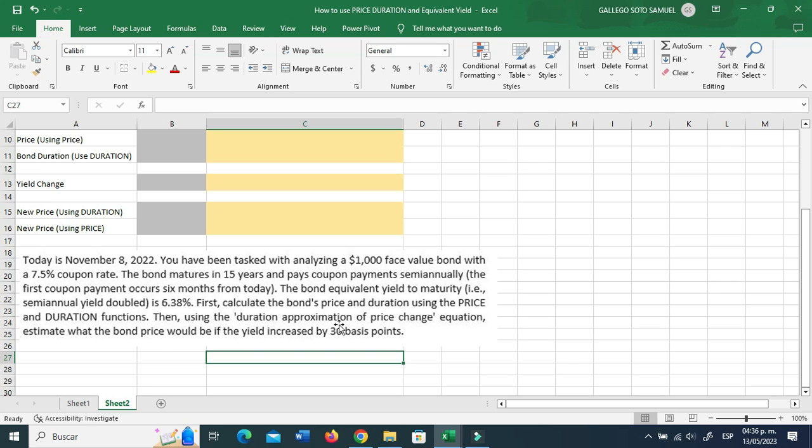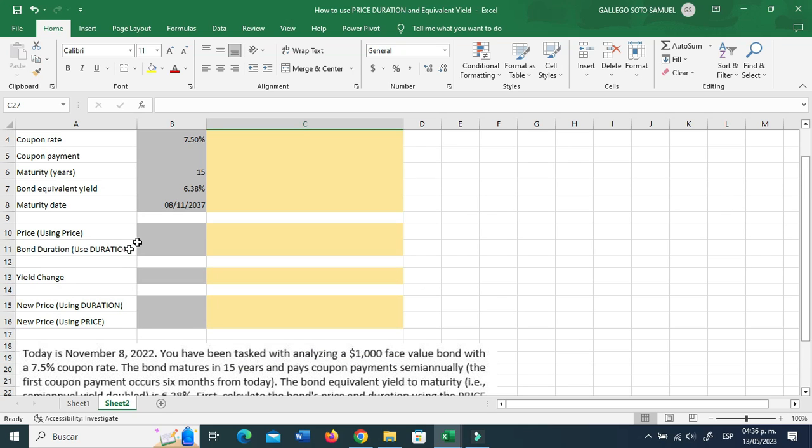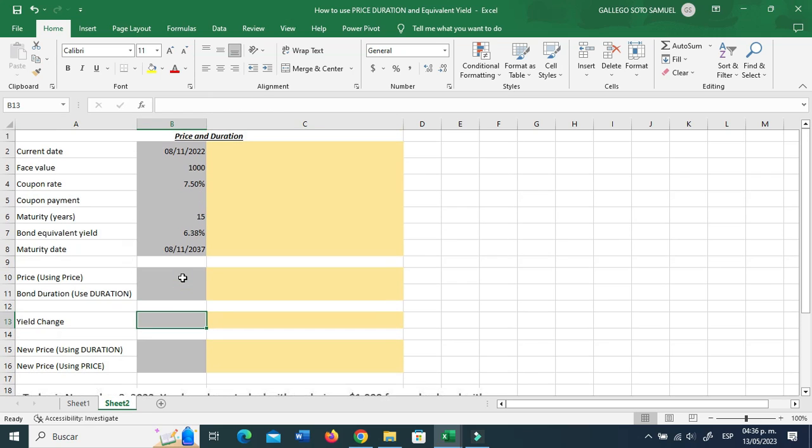Then, using the duration approximation of price change equation, estimate what the bond price would be if the yield increases by 30 basis points. Okay, so that's an additional thing that we're going to be doing, but what's important here is to use the price and the bond duration to be able to value this bond.